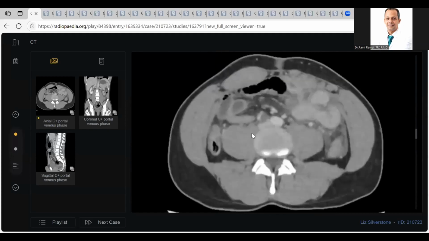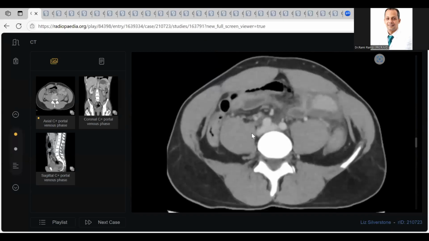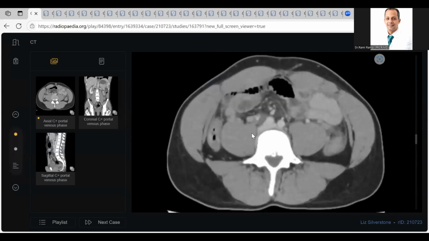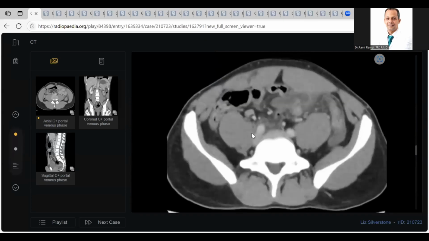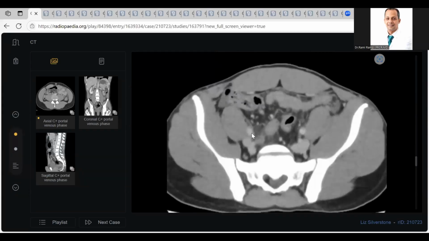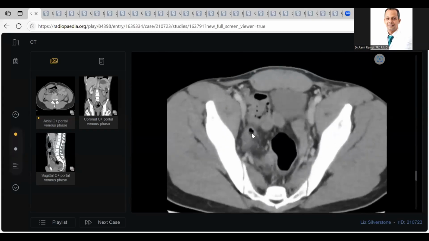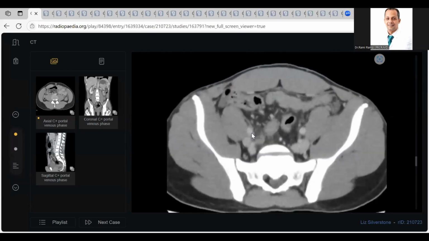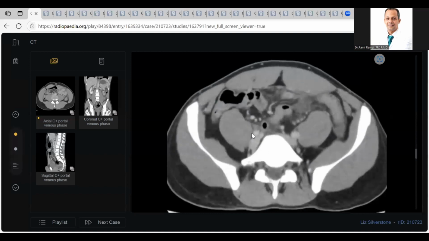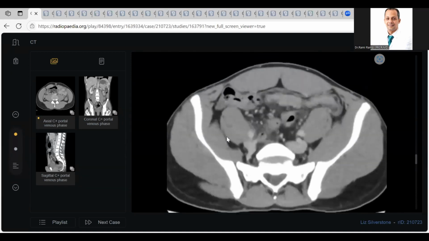And then, especially from behind, you should see the ileocecal valve, and then you will detect the appendix from behind. Thank you, doctor, so much.